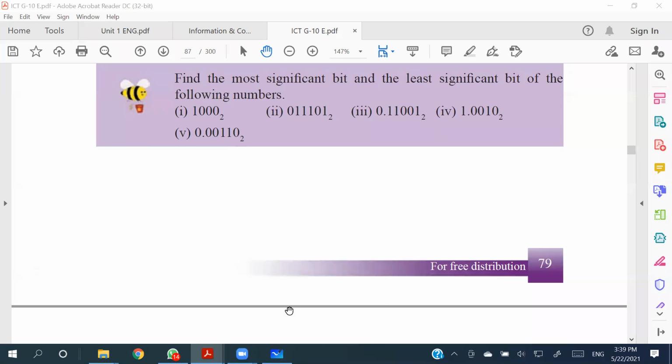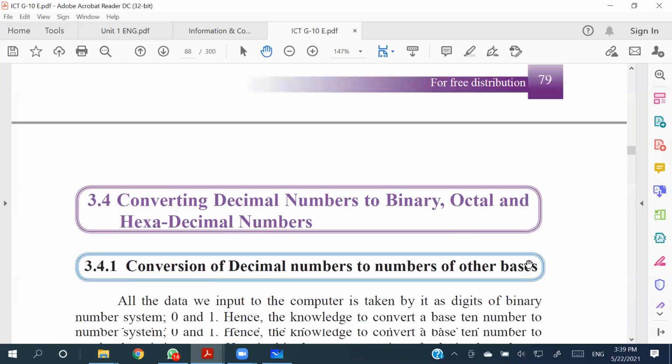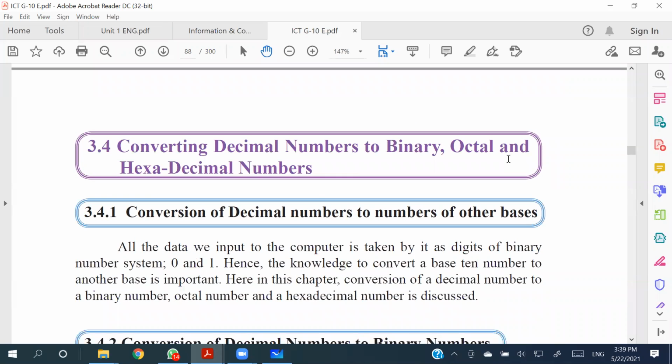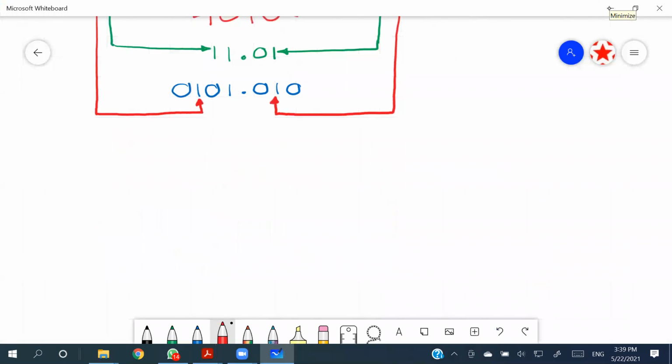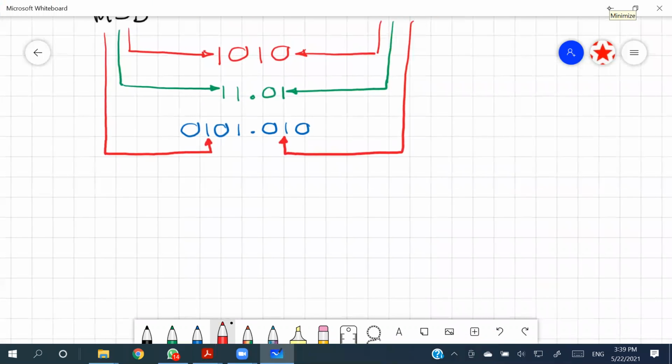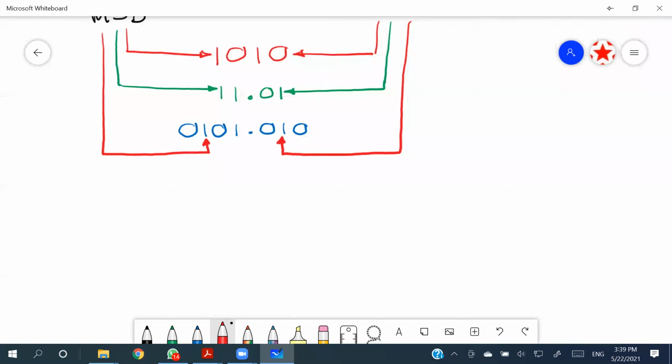Right, here we go. Now we are going to talk about the conversions. So let's have the heading saying conversions between number systems.